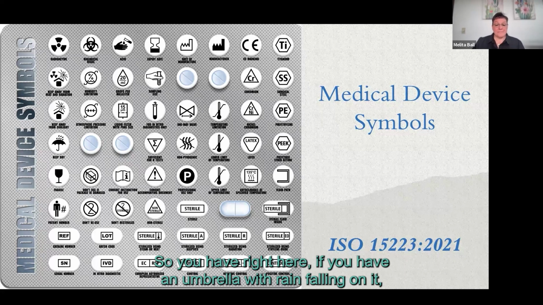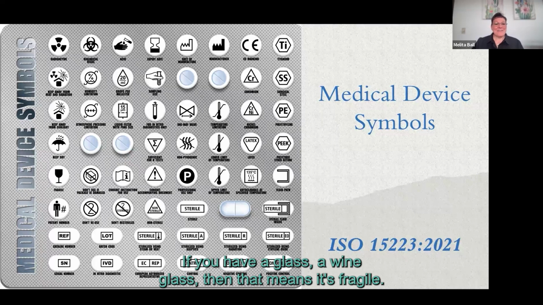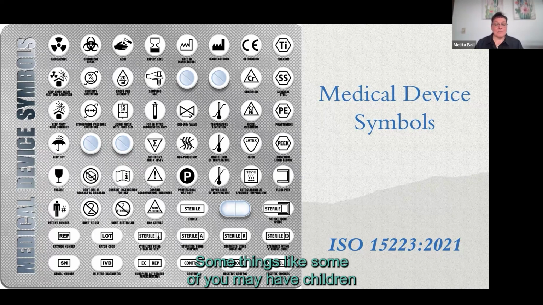So right here, if you have an umbrella with rain falling on it, that typically means you shouldn't get that wet, right? If you have a wine glass, that means it's fragile. You can break it. Some of you may have children or loved ones who are allergic to latex.